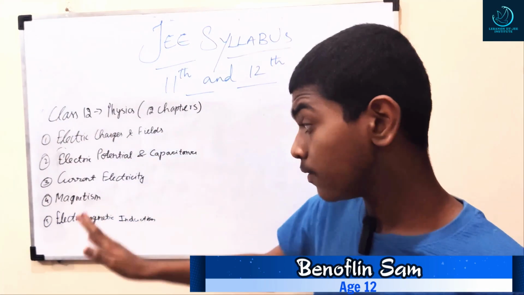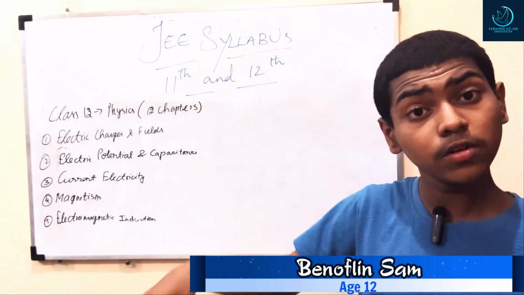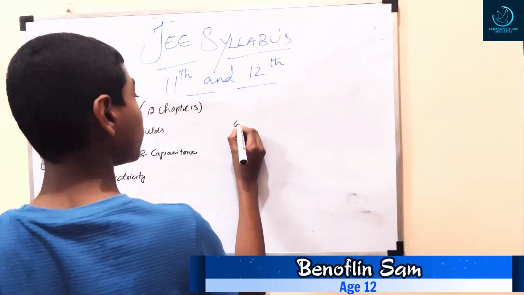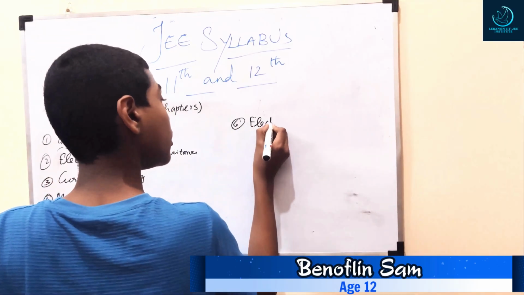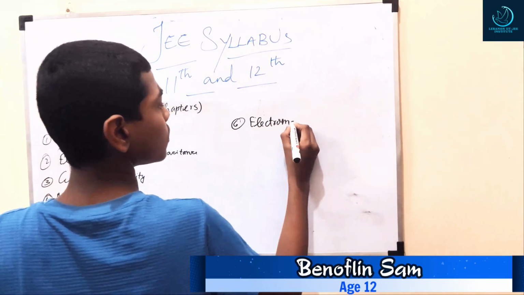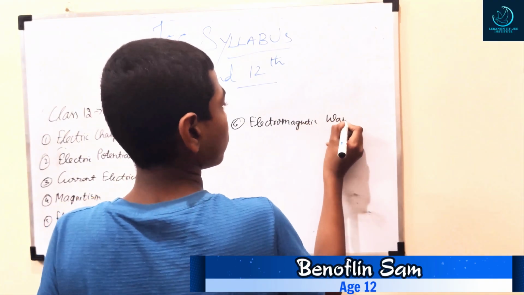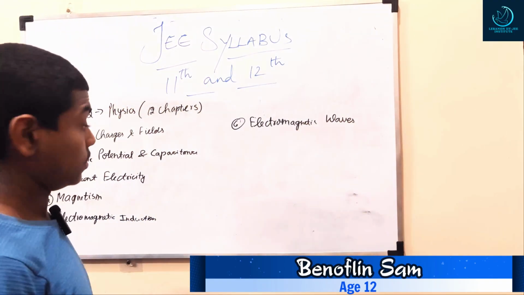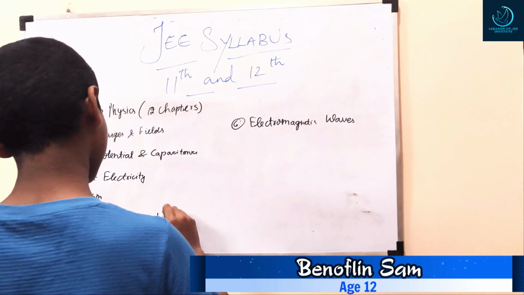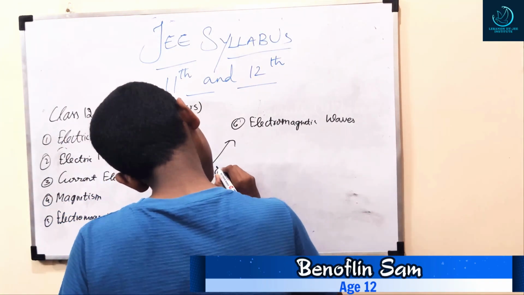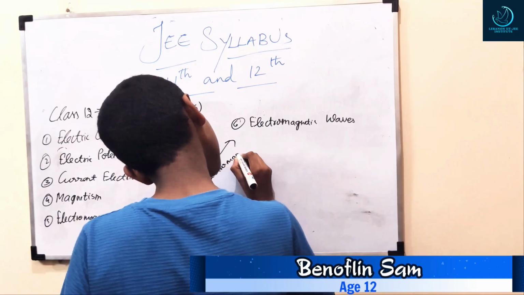So we have started, we have ended. Sixth is electromagnetic waves. This group is the electromagnetic group.